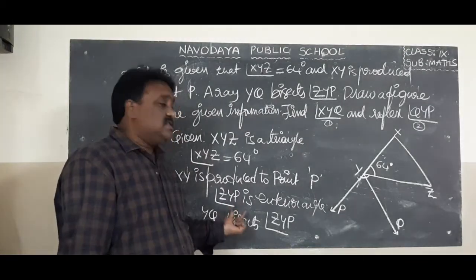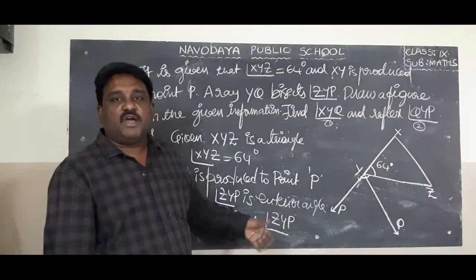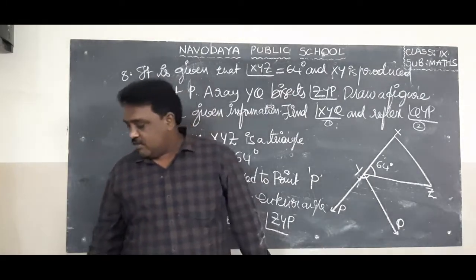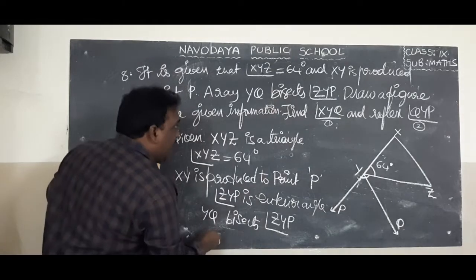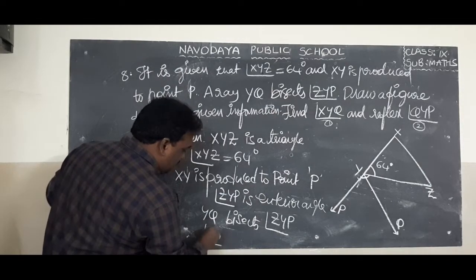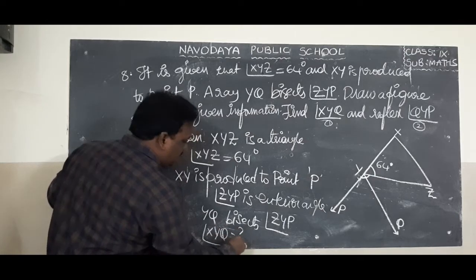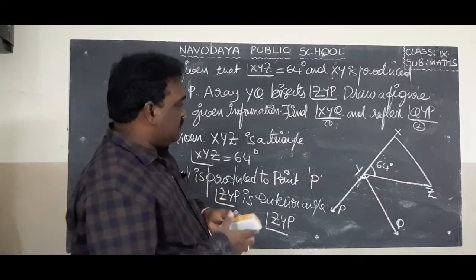So angle ZYP is what? Exterior angle. YQ is what? YQ is a ray. It bisects angle ZYP. What we need to find out? So we need to find out angle XYQ. So this is the information given. We need to find out angle XYQ, question mark.